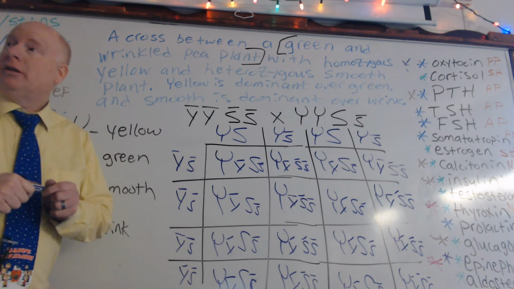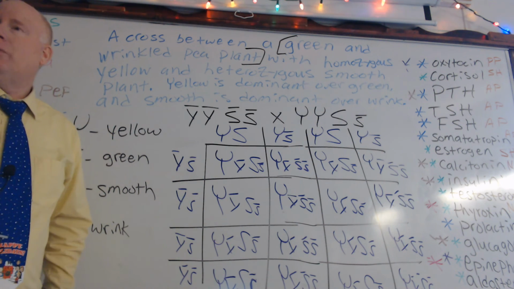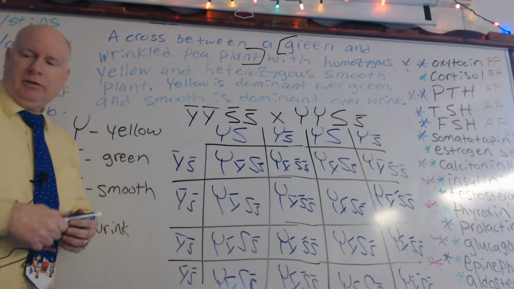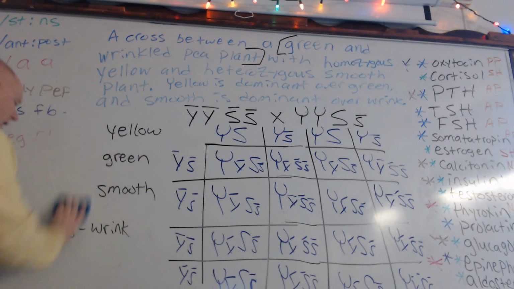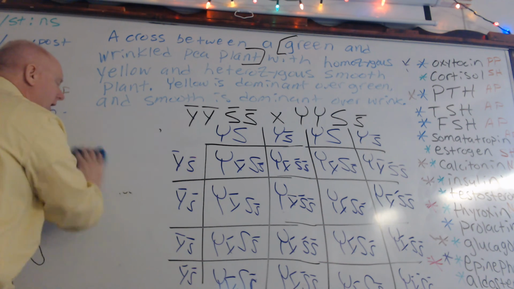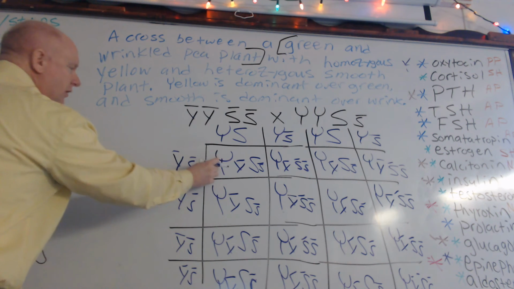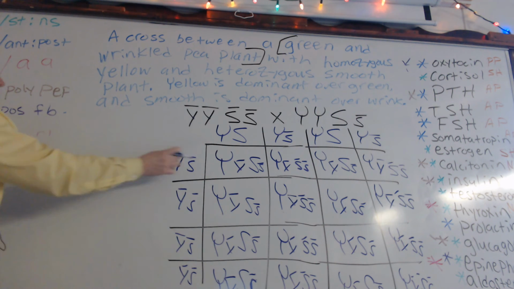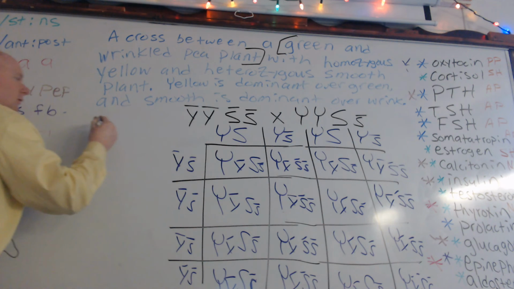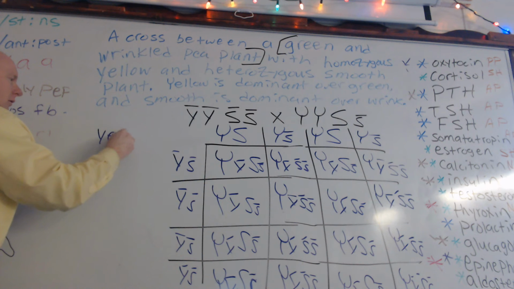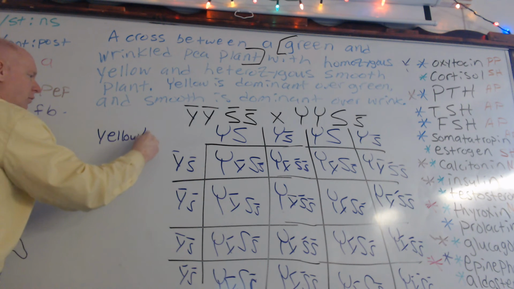Once you get it to this point, we just want the phenotypical ratio. Someone go ahead and give a combination. I would just say start with that box. This outcome is what? Yellow, smooth.